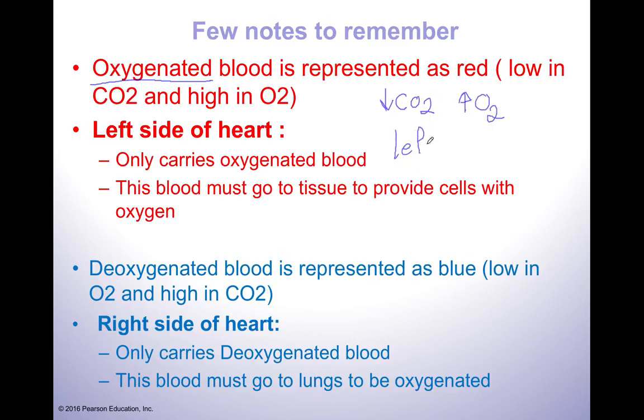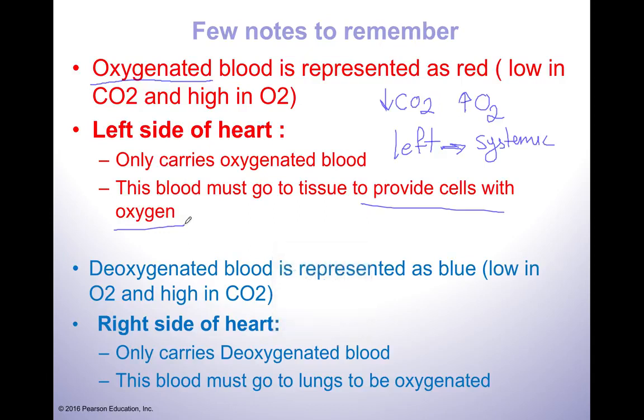This is always associated with the left side of the heart, and it is pumped through your systemic circulation. This is going to supply your tissues and cells with oxygen.